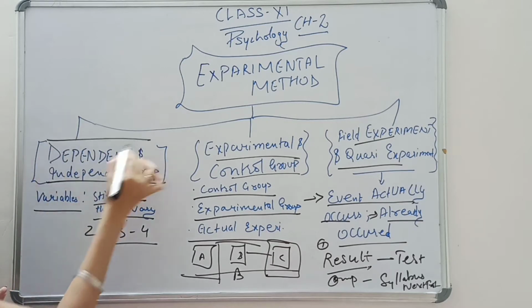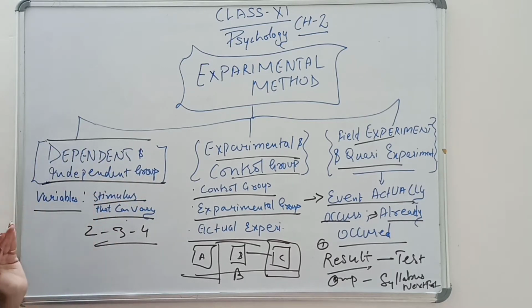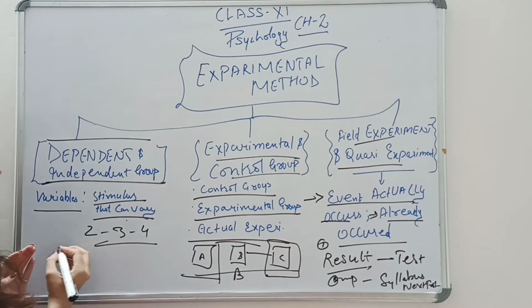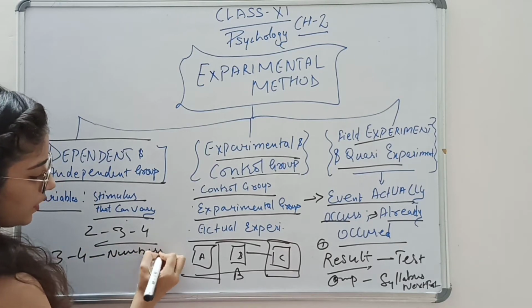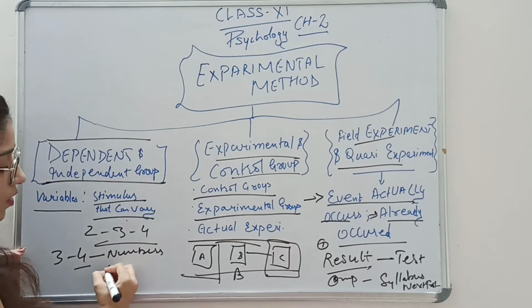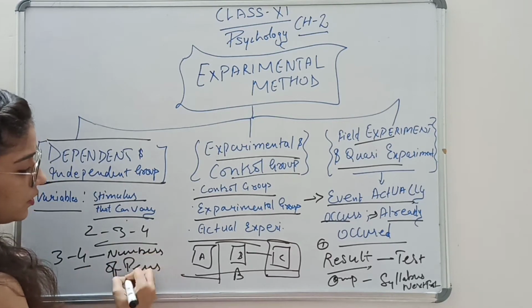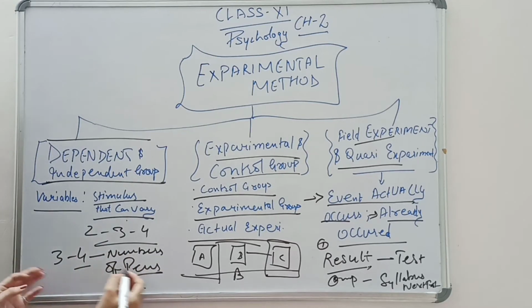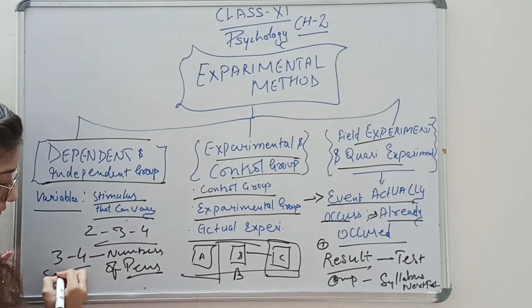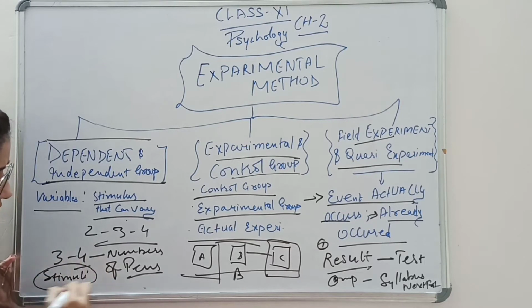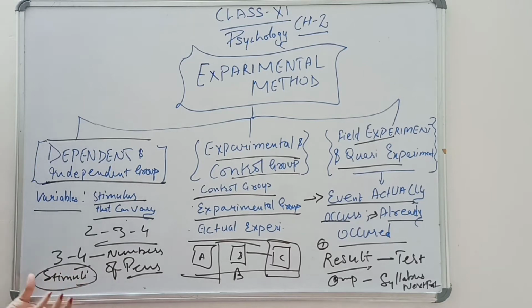so now the dependent and independent variables are also affected. Like if you are working and you've not been getting marks, or there are 3 or 4 numbers, there are 4 numbers of pens, so those are the variables which are affecting the stimuli, on which we are doing the experiment and we are going to get a result.